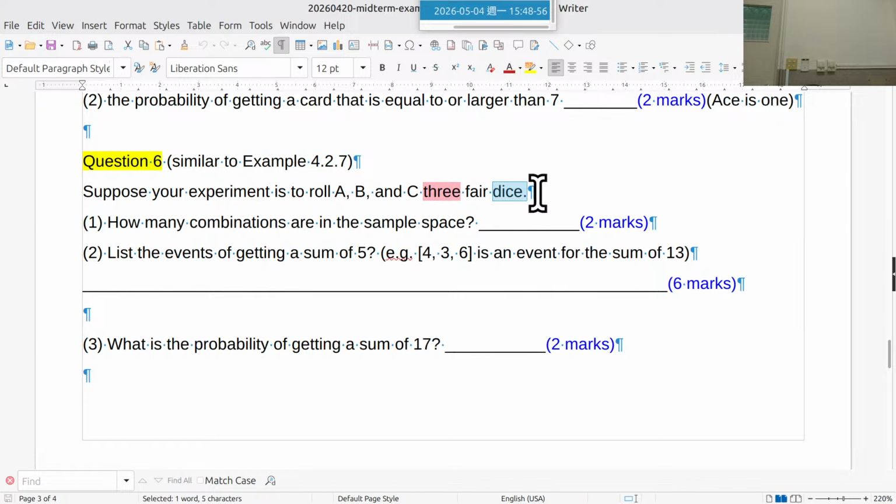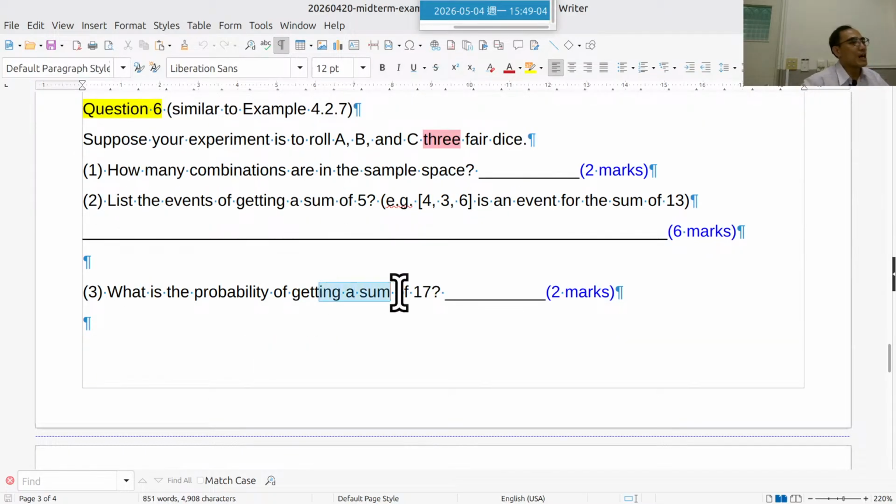Okay, let me show you. Sorry, question number 3: what's the probability of a sum of 17? First of all, what's the definition? What's the probability of 17? 5 plus 5 plus 7, is it okay?